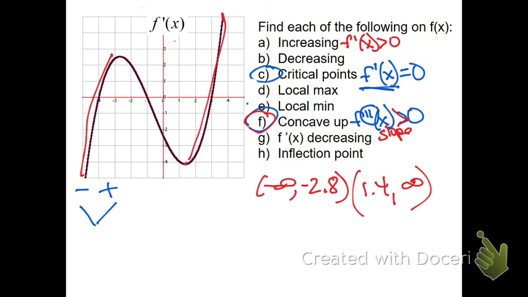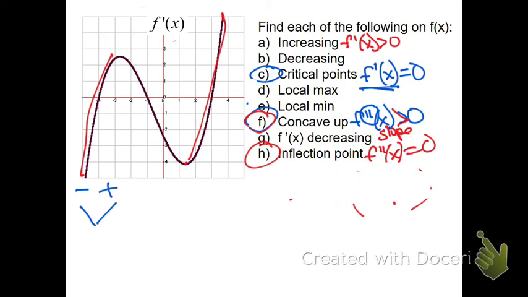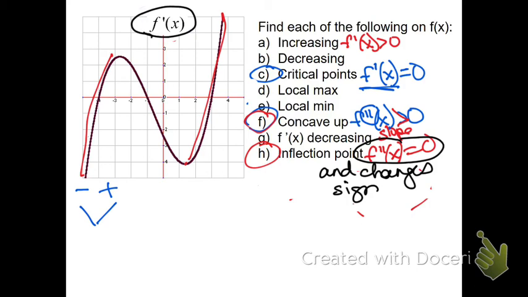All right, last one, inflection point, part H. Inflection point would be second derivative is 0 and changes signs. You have to say that part, okay? And changes signs. Okay, so second derivative is my justification on a first derivative graph. One derivative away, so you're going to think slope changes signs.